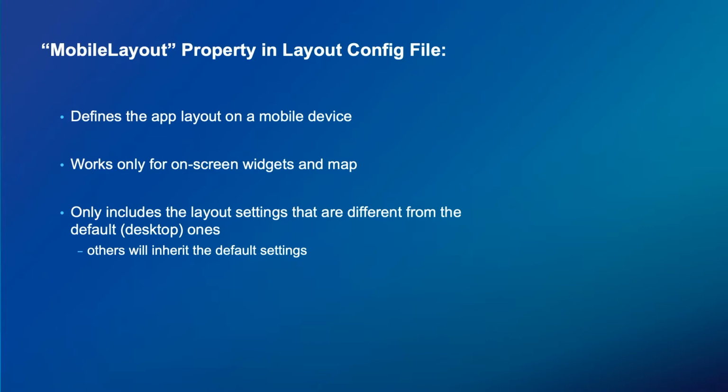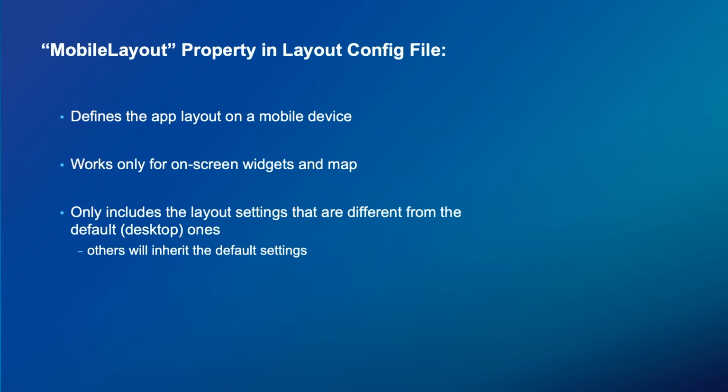If you are familiar with how the layout configuration files work in Web AppBuilder, those files have the default settings for the widgets for a desktop view. And what the mobile layout does is provide extra configuration that will override the default ones.